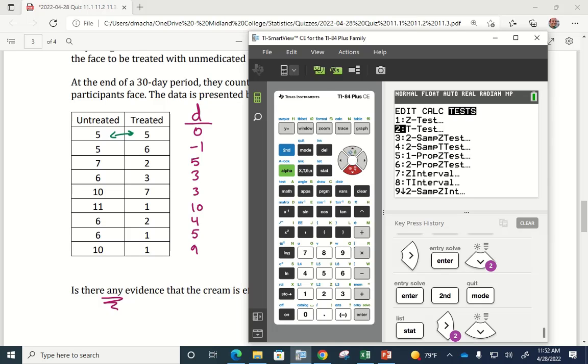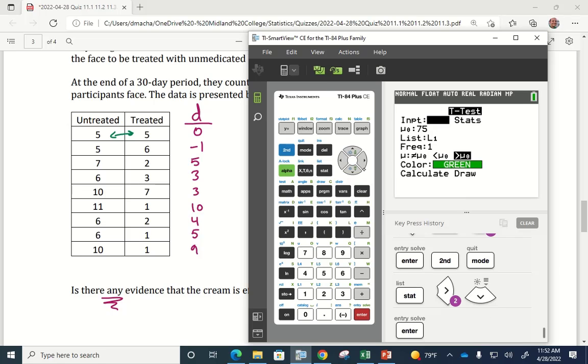We're using the t-distribution because we're not exactly sure what the population standard deviation is. We can calculate a sample standard deviation, but we don't know the population standard deviation, so we're using a t-test, and I'm only going to use the t-test and not the 2-sample t-test because, again, I'm looking at my differences since this is dependent data.